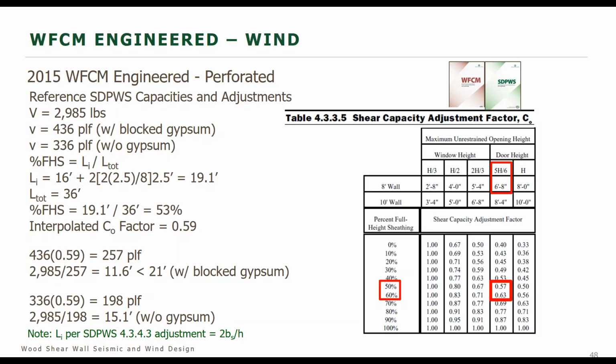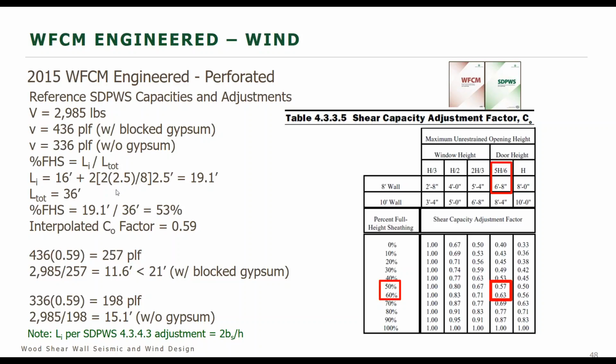And then L sub i is our effective length of full height sheathing. Now with the perforated shear wall, we do have that adjustment on L sub i, and that's per SDPWS 4.3.3. So that's this 2bs over h adjustment.